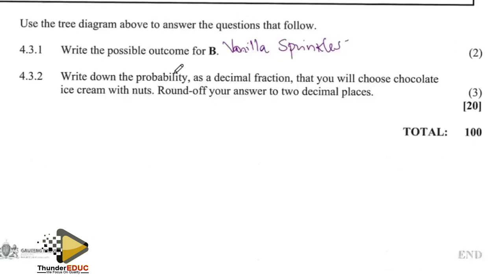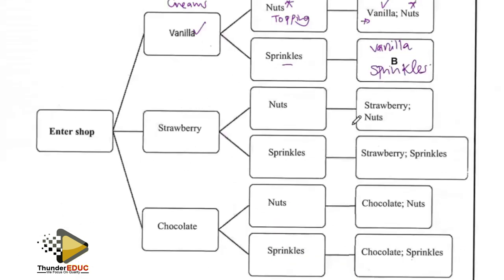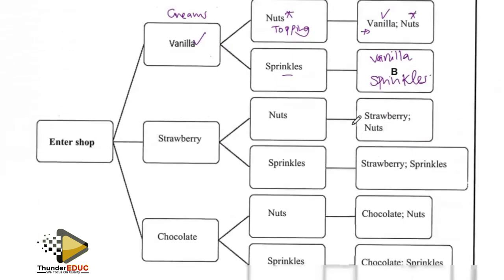Write down the probability as a decimal fraction that you will choose chocolate ice cream with nuts. Round off your answer to decimal places. First and foremost, how many options do we have?